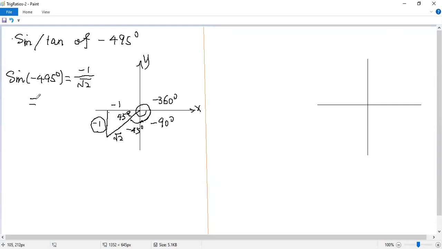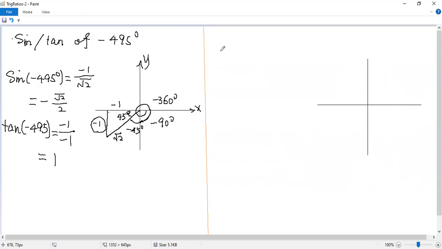We can rationalize it to get negative square root of 2 over 2. And then tan negative 495 equals opposite, negative 1 over adjacent, negative 1, so equals 1.